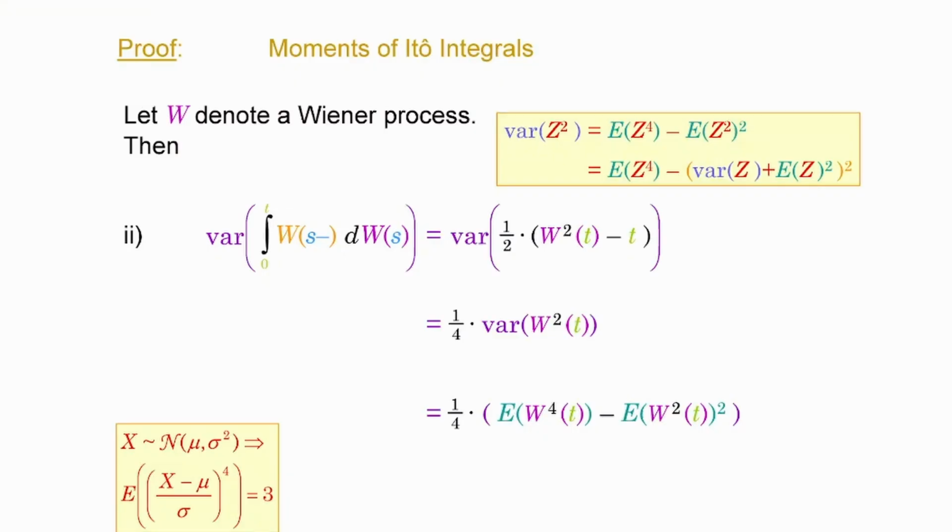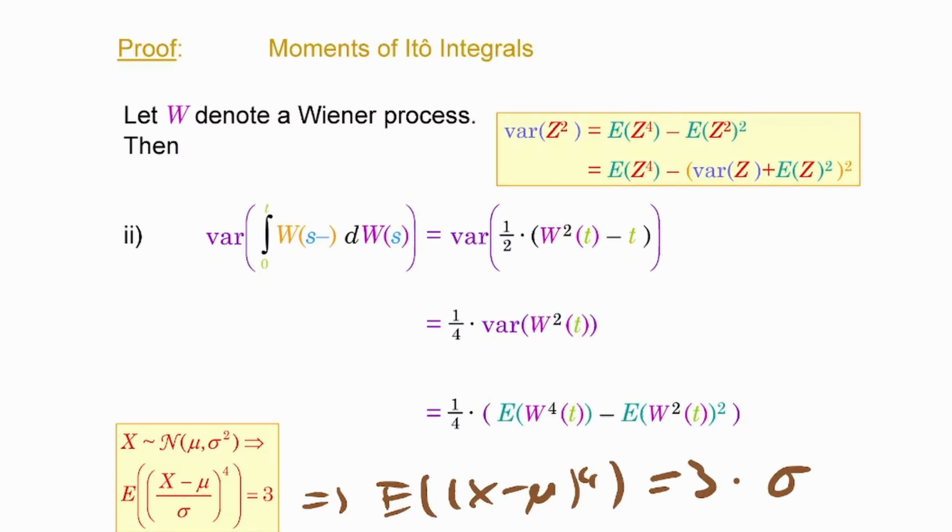Now, I was not addressing it by the standard normal distribution because, although the expectation of the Wiener process is 0, the variance is not. The variance is t, by the way. So the centralized fourth moment is going to be equal to 3 times the square of the variance.